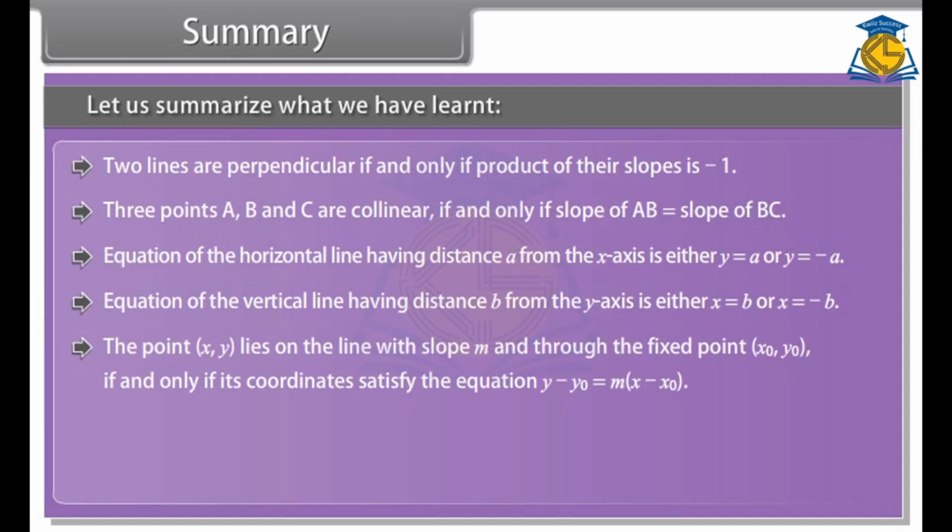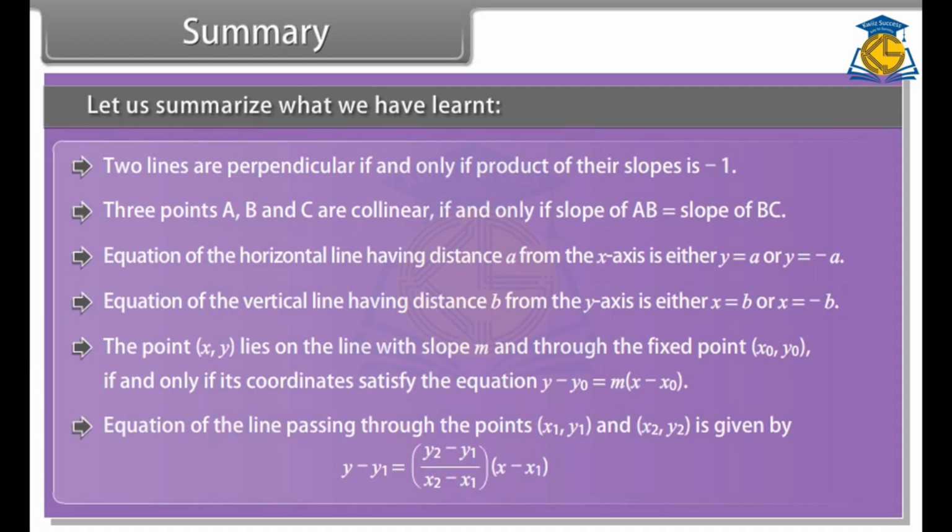The point (x, y) lies on the line with slope m and through the fixed point (x0, y0) if and only if its coordinates satisfy the equation y minus y0 is equal to m into (x minus x0). Equation of the line passing through the points (x1, y1) and (x2, y2) is given by the two-point form.